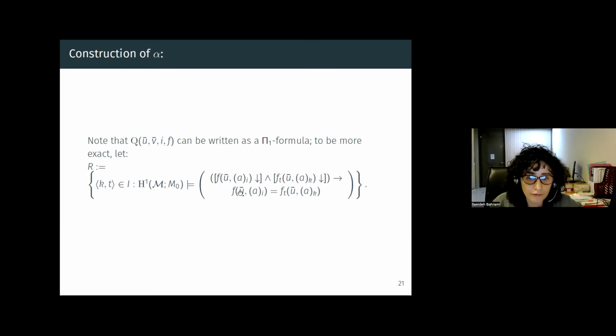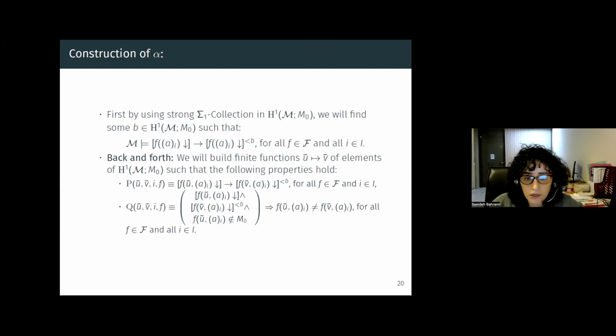If f of u and a_r is not in this R, it means that it is not in M0. Since this is pi1 definable, this R is a pi1 definable subset of H1 of M and M0, so it is coded. So we can use the code of this R in this formula and get rid of this part. So this would be a pi1 formula.